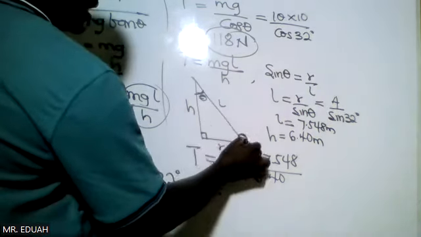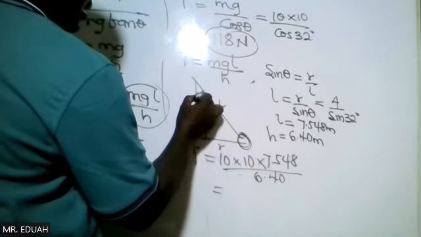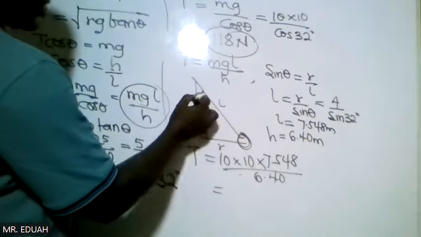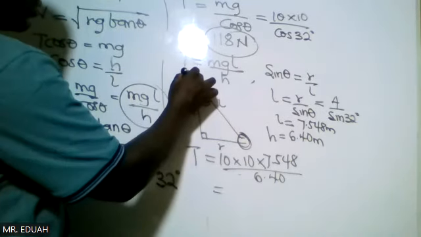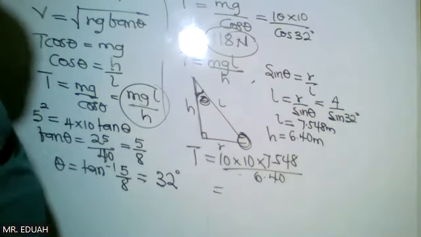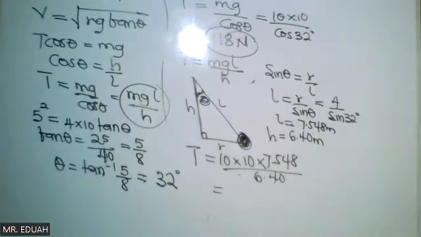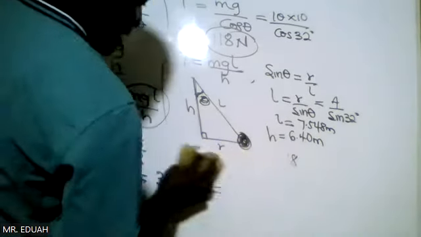We resolve this. There's the angle. So the string L is inclined to the vertical at theta. So we resolve this to get all that we got.